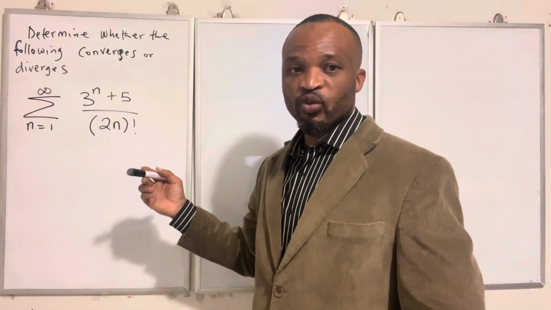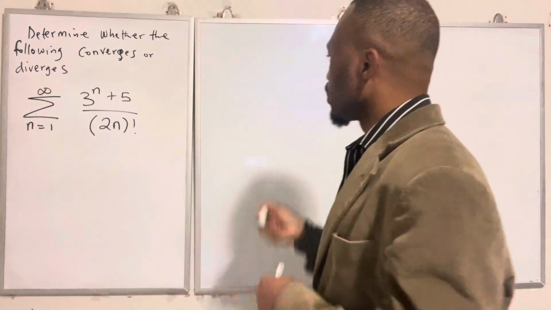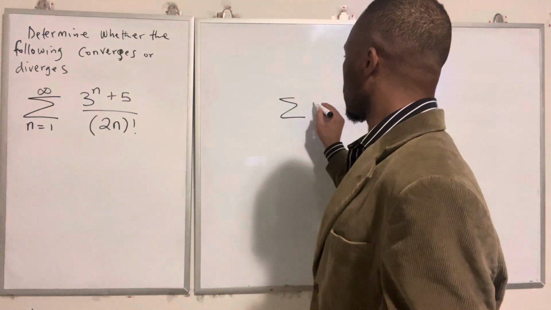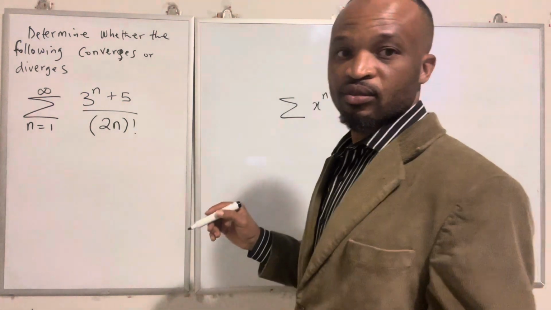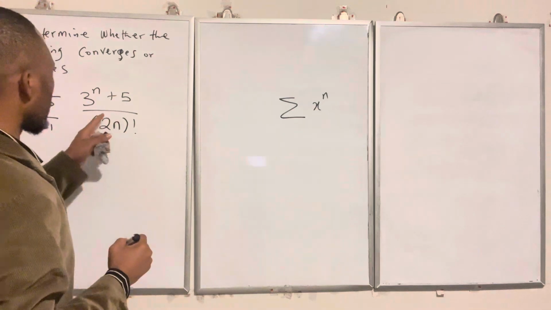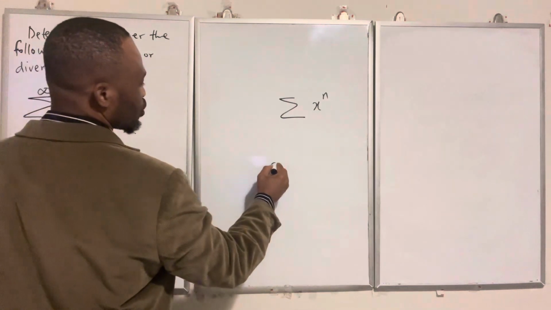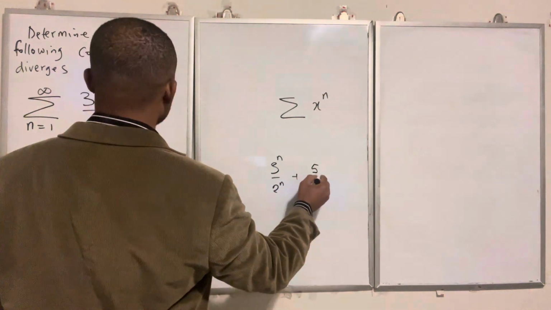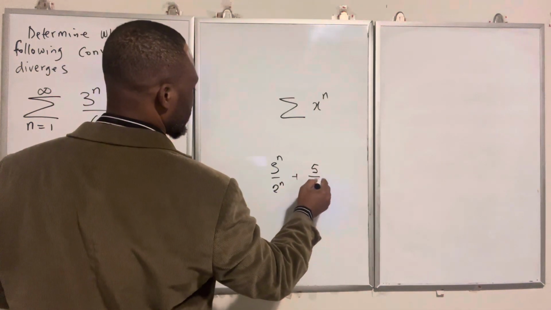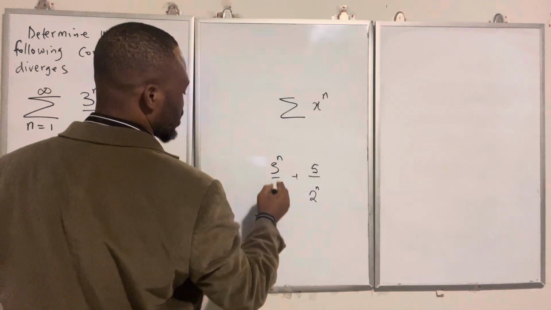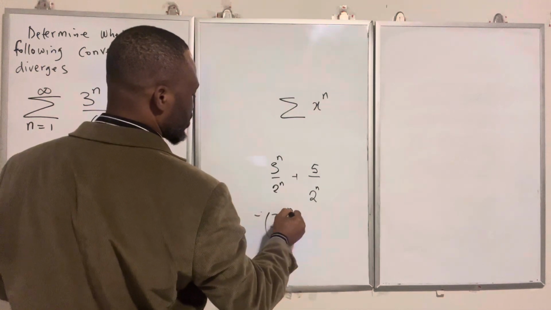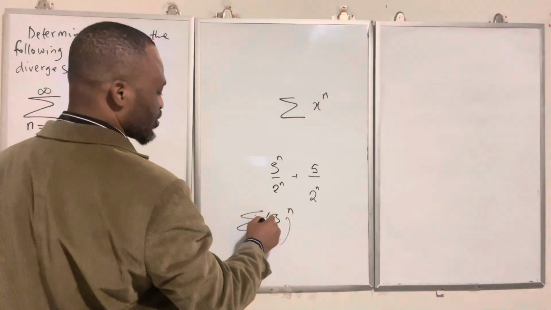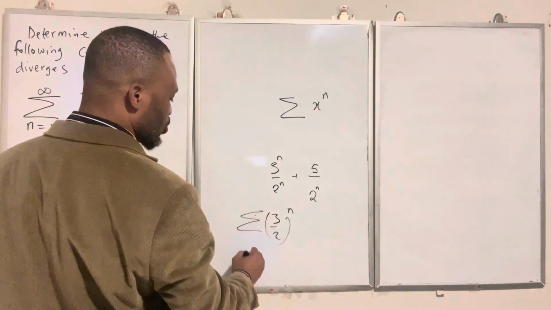Is there a way we can actually put this in the form of, say, the summation of x raised to n? For instance, if we had this to be 2 raised to n, we could just put 3 raised to n over 2 raised to n and plus 5 over 2 raised to n together, and think of this as 3 over 2 raised to n, from the standpoint of a common ratio r.